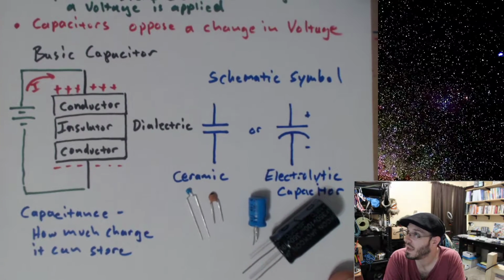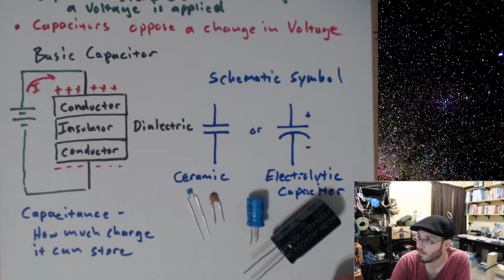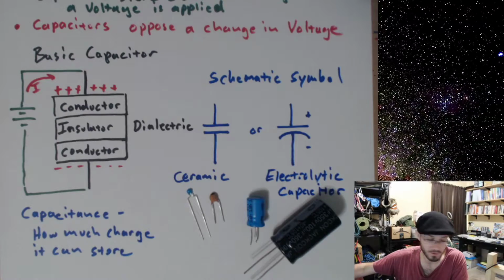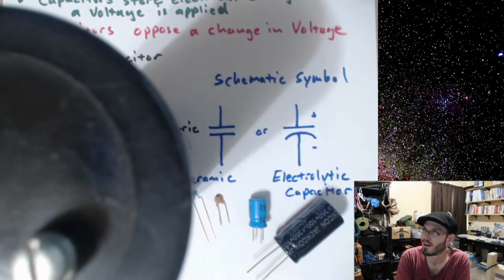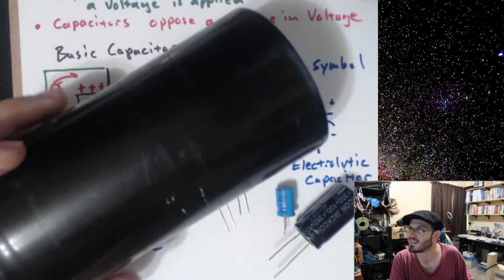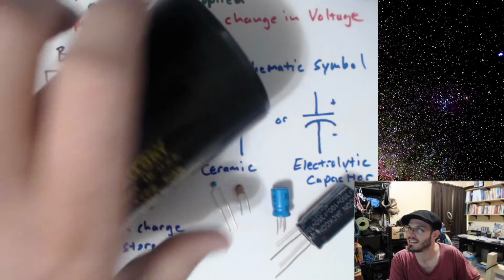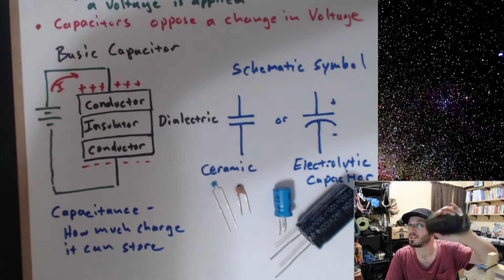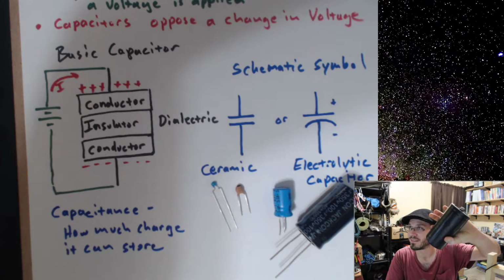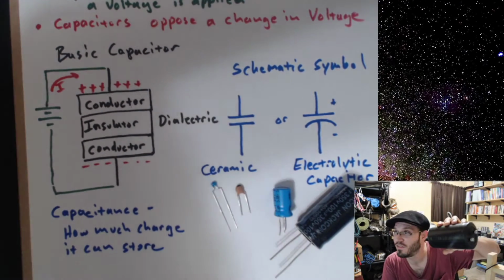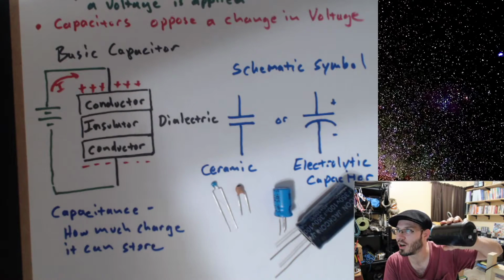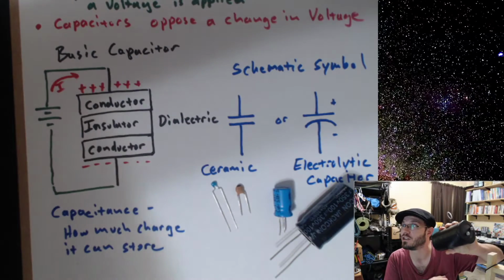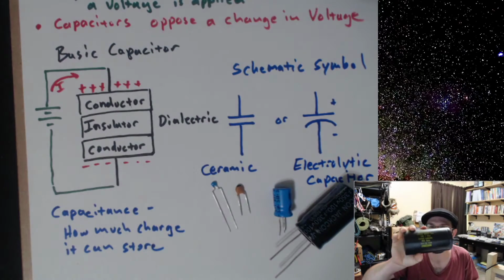Now, as far as the biggest capacitor that I have laying around, yeah, this is like the size of my fist. This is a big cap. What can you even use it for? For filtering large voltage changes across something.